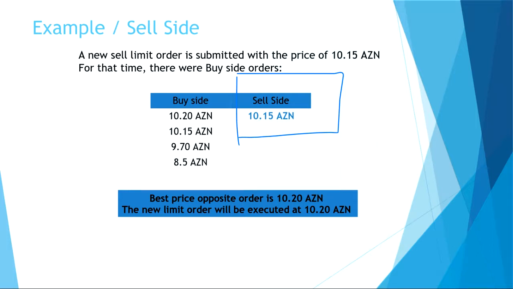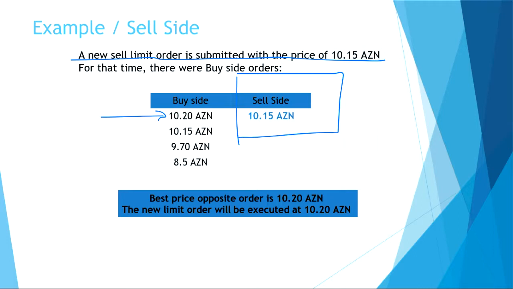So a new sell order is submitted with the price of 10.15. We are ready to sell with the price of 10.15, but luckily someone is ready to buy with 10.20, which is higher than our limit.